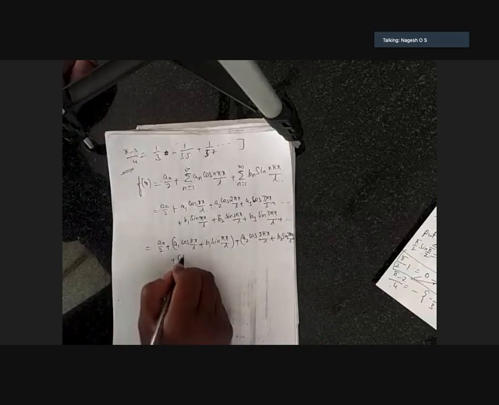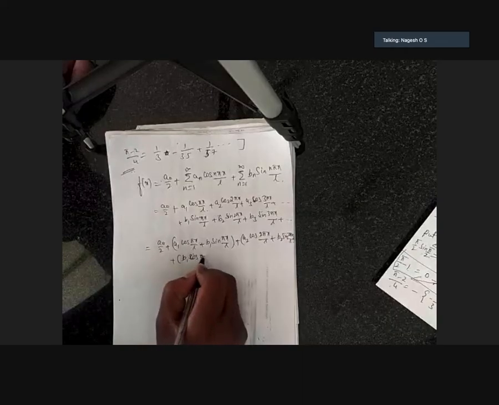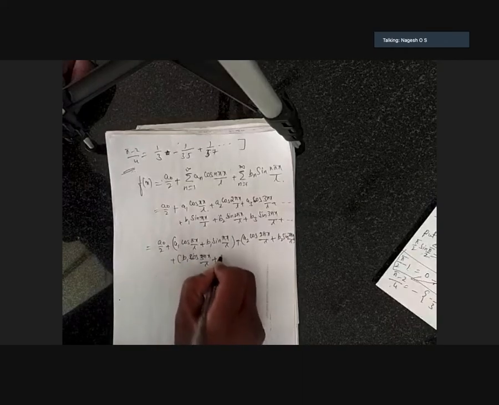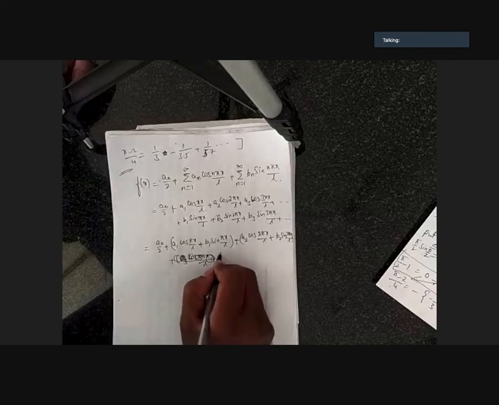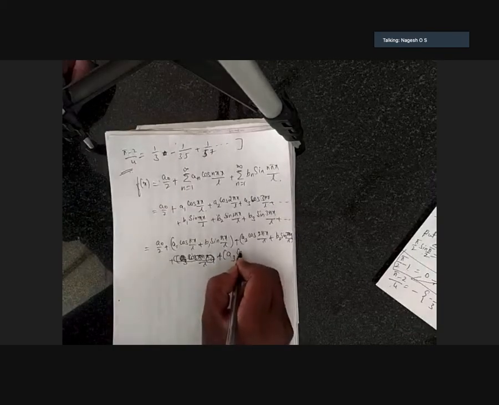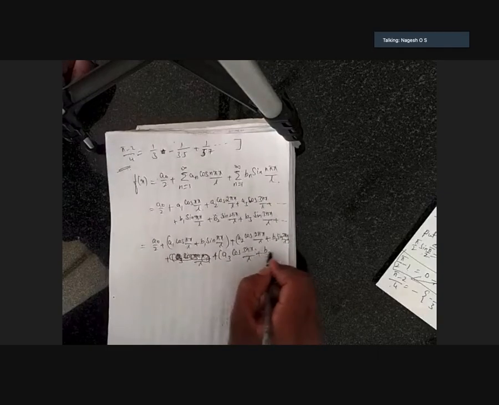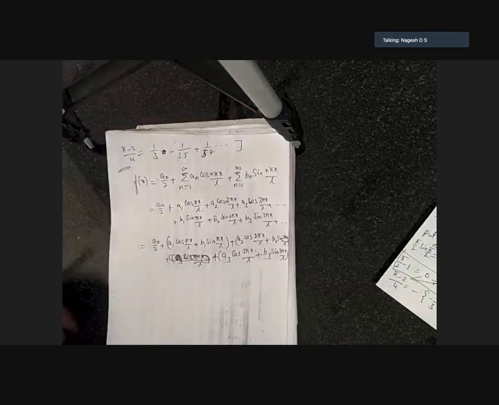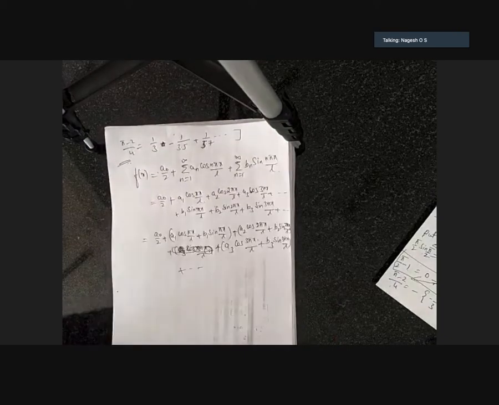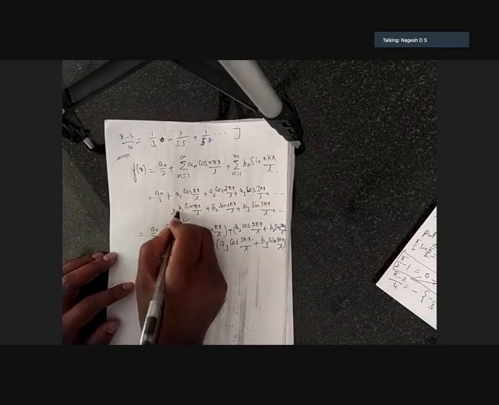Plus, I'll write here A3 cos 3 pi x by L plus B3 sin 3 pi x by L. Okay, like this I will list out.